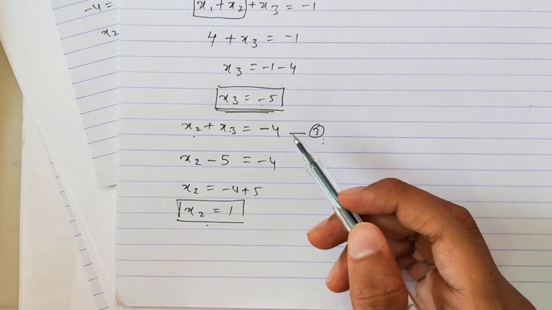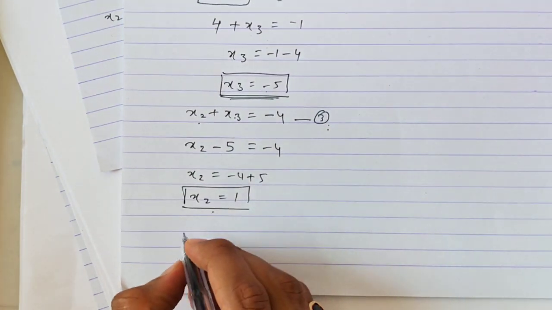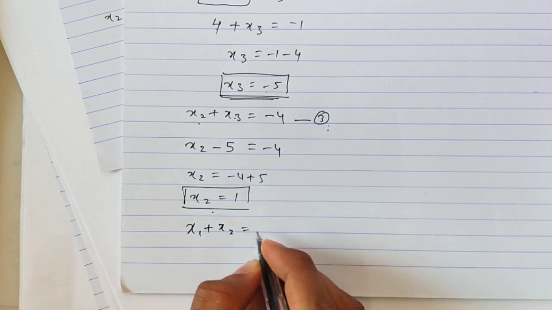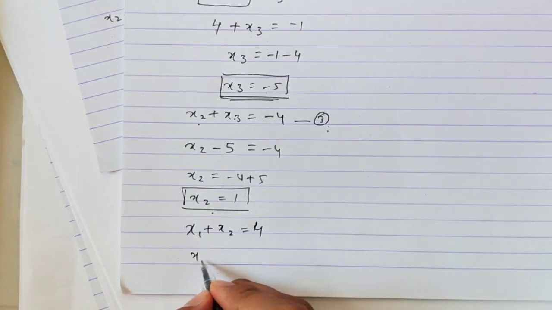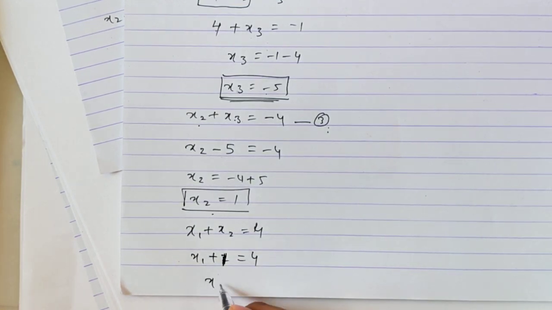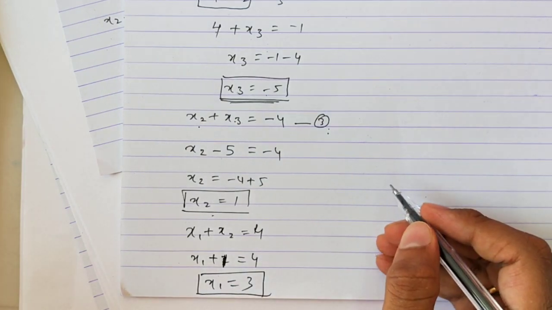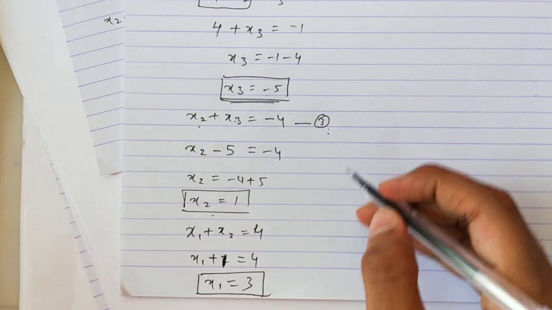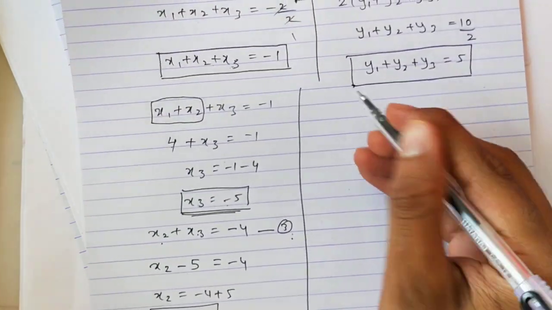I can easily find x1 using any equation. So I'll use the first equation only. x1 plus x2 is 4. So in the place of x2 I'll write 1. So x1 is equal to 3. I found x1 also. In the same way I'll do it for y.